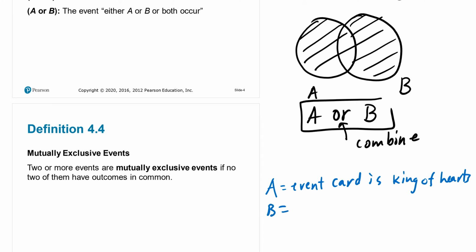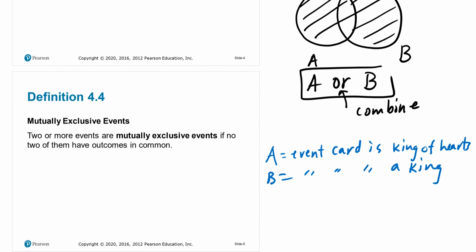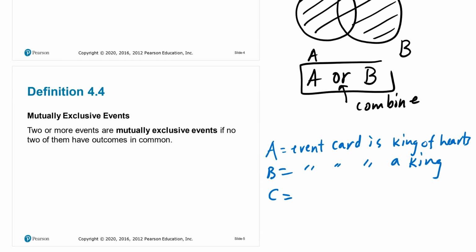B is the event that the card we select is just a king, so it could be any king. C is the event that the card we selected is a heart, and D is the event that the card we selected is a face card.